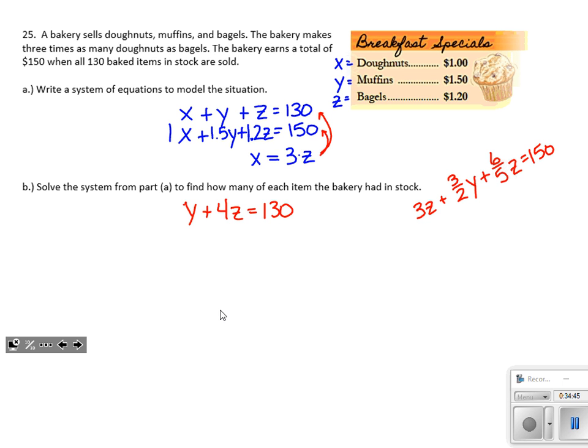If I combine this 3, which is really 15 over 5, with the 6 over 5 z I have over here, I can call that 3 halves y plus 21 fifths z equaling 150. So let's go ahead and add that in here. 3 halves y plus 21 fifths z equals 150.